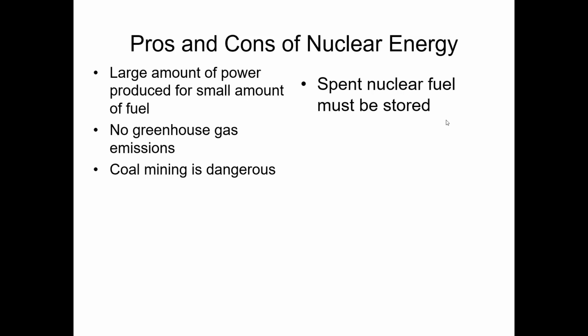Some of the disadvantages, the main one is that whatever spent nuclear fuel you have, it's got to be stored, and it's got to be stored safely. And usually, even though a fuel rod might not have enough uranium-235 to undergo a reasonable amount of fission at one point, there's usually at least a couple of uranium nuclei that haven't undergone that fission. And so it still poses a threat to the safety of humans and other organisms like that.